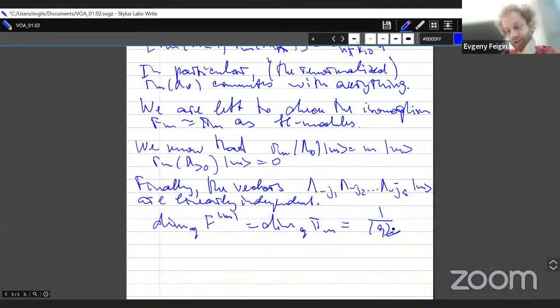Yeah, the Fock module is irreducible, and this can be seen easily in the same way as proving that these are linearly independent. If you have an action of the Heisenberg algebra without further conditions, then such vectors are indeed linearly independent. Okay. Good.